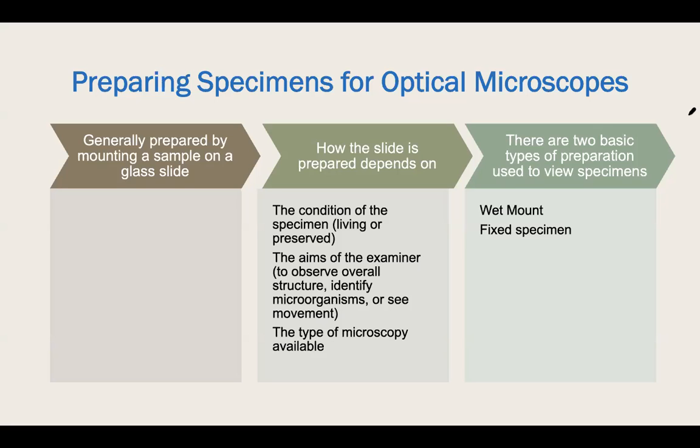If you have to give color to the specimen, then you cannot use the phase contrast microscope, because by its principle it works in such a way that you do not need to add any color.